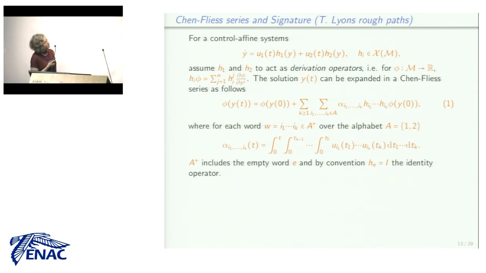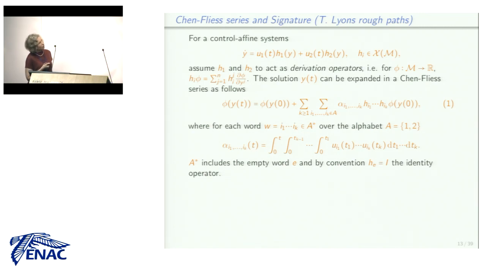And then it turns out that you can, in fact, express every component. Say this phi says that you extract component number i of the solution by means of this form here. What are these alphas? These alphas are the coefficients of your expansion, and they are given as iterated commutators, iterated integrals of the controls.